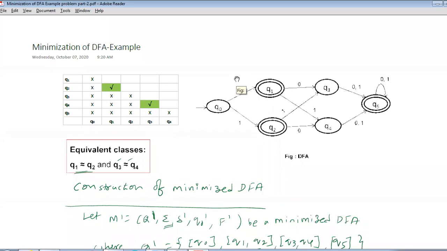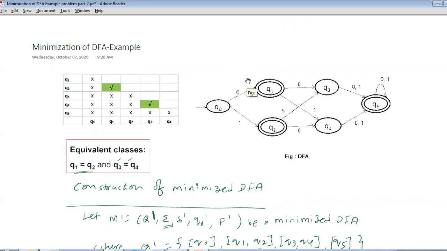In our previous class, we discussed the concept of minimization, then the Myhill-Nerode theorem, using that theorem to find equivalent classes, then using the table filling algorithm for finding equivalent classes of states.